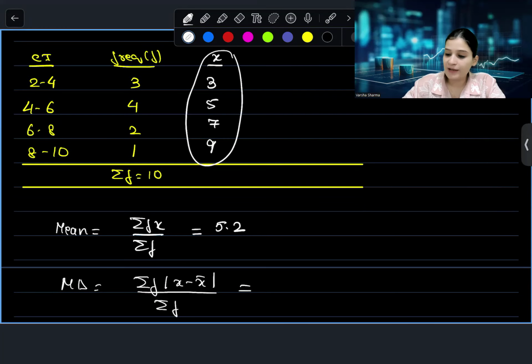So from here, subtract 5.2, change the sign, multiply by the corresponding frequency, add all of them, divide by 10. 1.48. Very good.